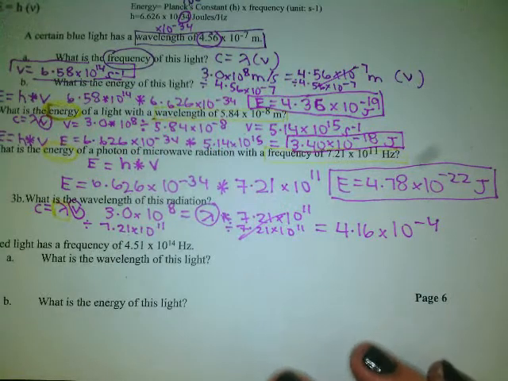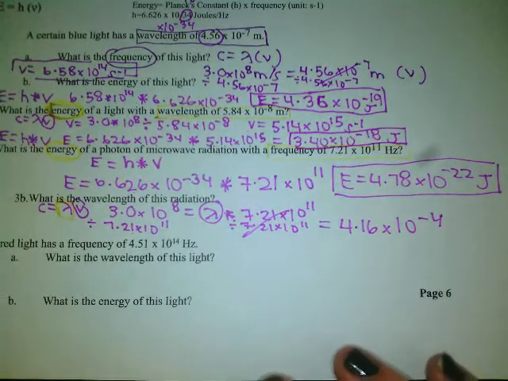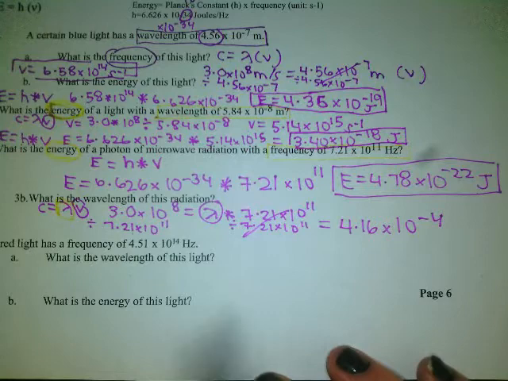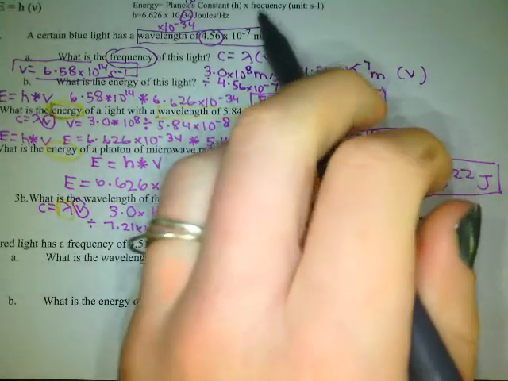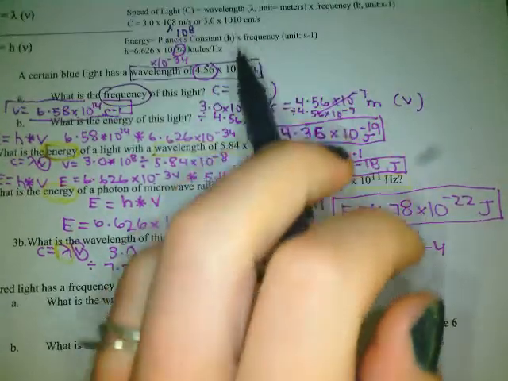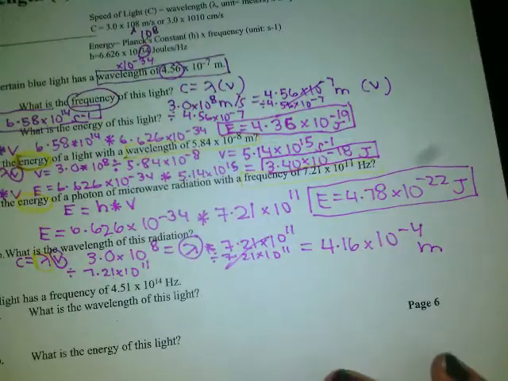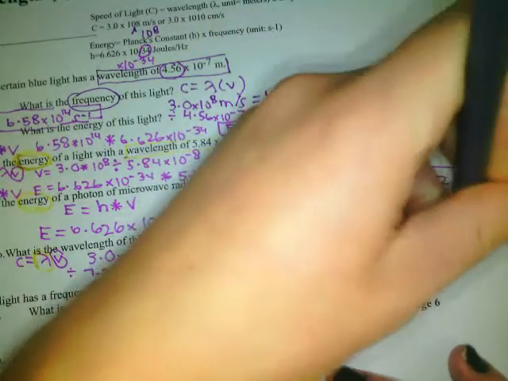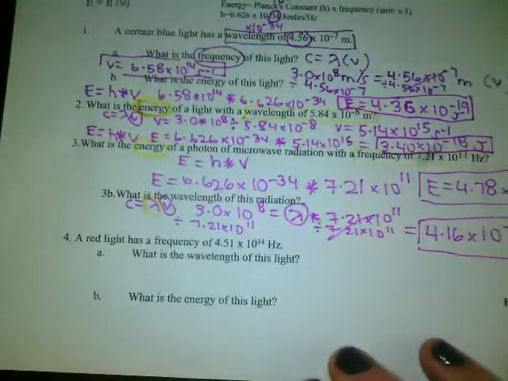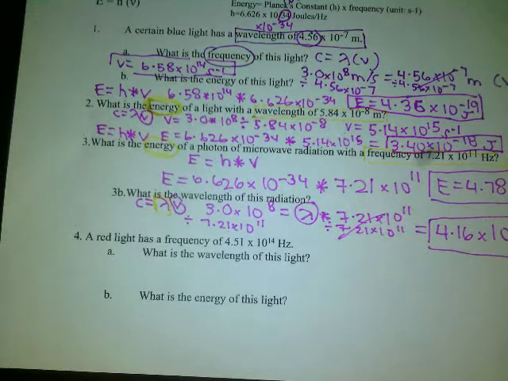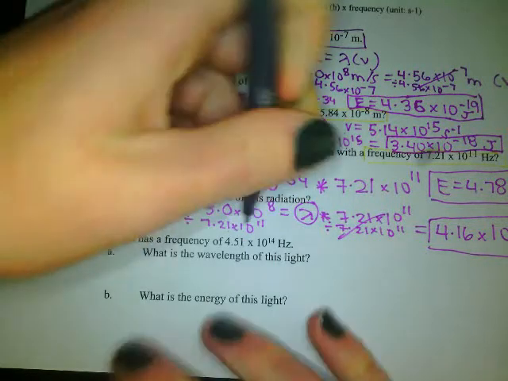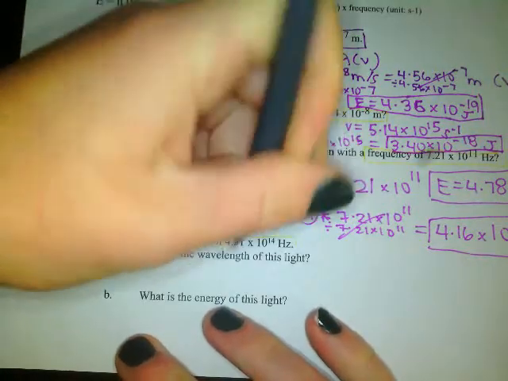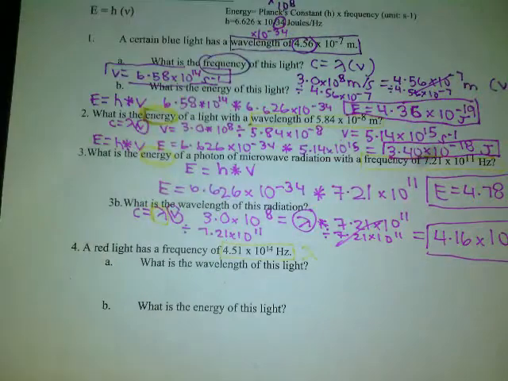Okay, last problem. Here is our given, the frequency, 4.51. So remember, that's nu, not lambda, because we're solving for lambda over here. This is our frequency, which is nu.